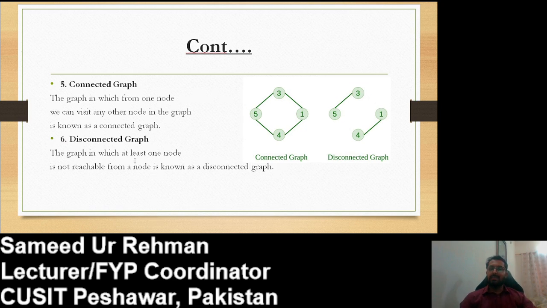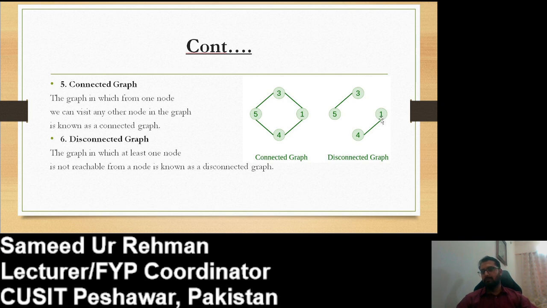The next one is connected and disconnected graph. With the help of the diagram, it is clear that connected graphs are those in which we can reach every other node from any specific node. For example, in this example, we can access 3 from 1, 4, 5, 3. We can access 1 from 3 also, 3, 5, 4, 1. But in a disconnected graph, at least one node is not reachable.